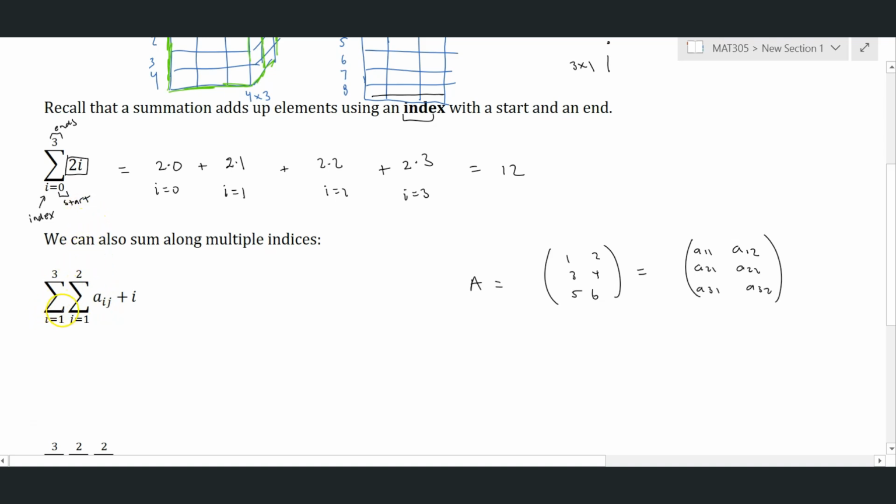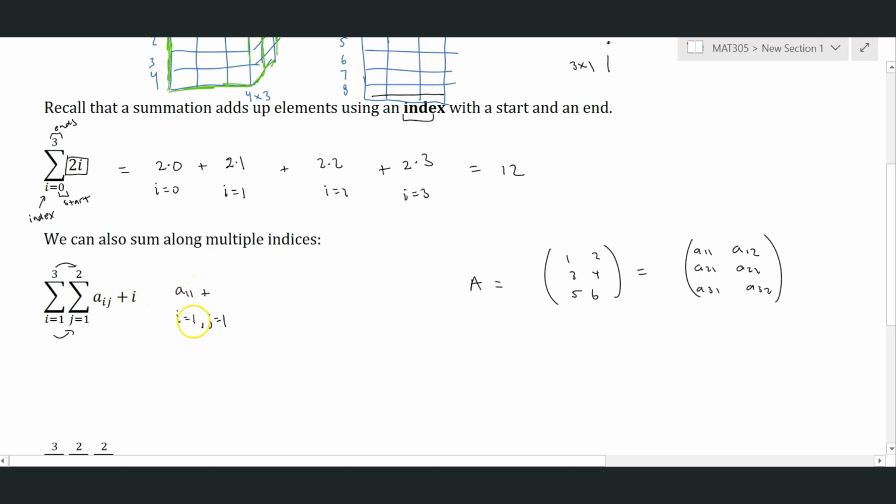And so let's think about what this summation does and how it works. So first of all, the first index is set. Okay, so we're going to start with I equals 1. Next, we move in to the second index, which is j, and we start at the lowest index for j, so j equals 1. So for that combination, I equals 1, j equals 1, we are going to add Aij, so A11, I and j are both 1, and we're going to add I to it.